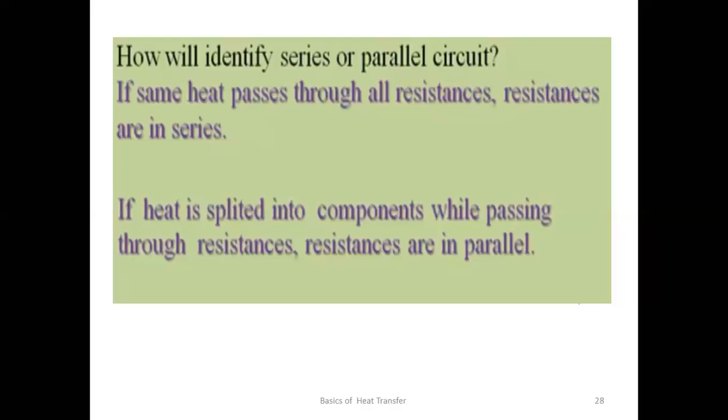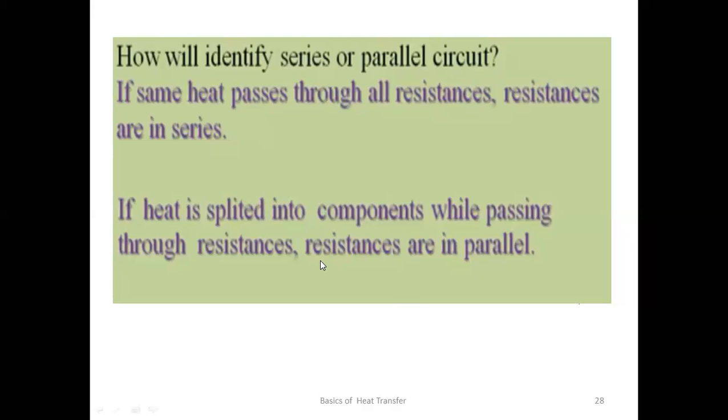In an electrical circuit you have seen that if two resistors are kept in series, then the same current is flowing, and if two resistors are kept in parallel, then current is divided into two parts, only the voltage will be the same. Similarly, if the same heat is flowing between the two objects, then they are said to be in series, and if the heat is being divided, they are termed as parallel resistances.